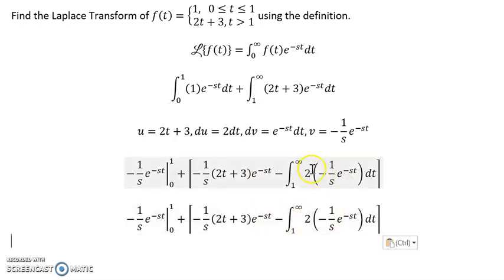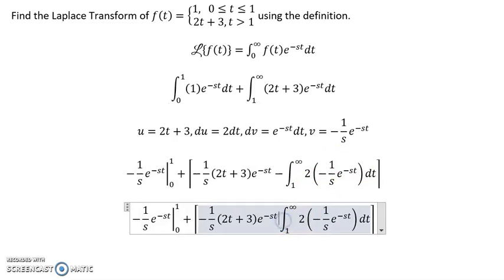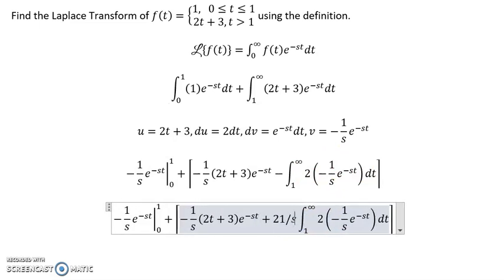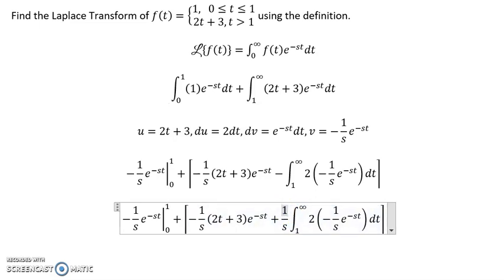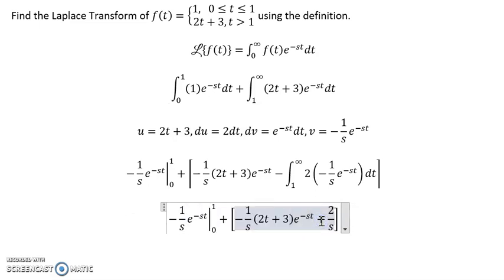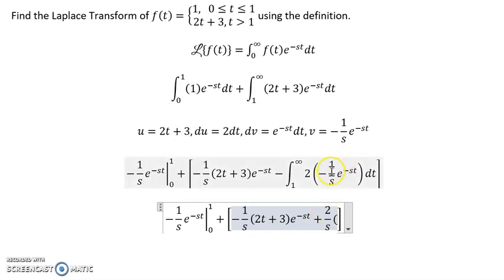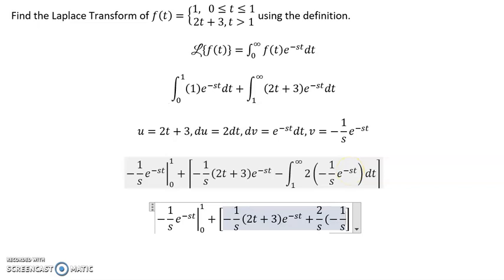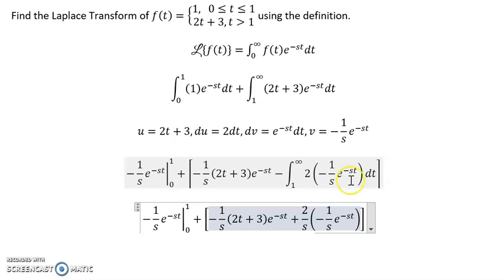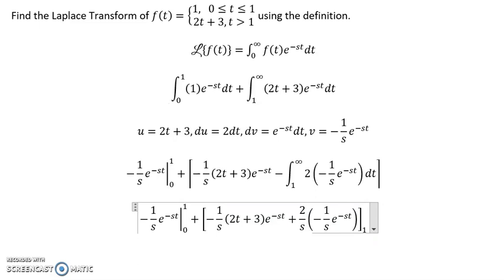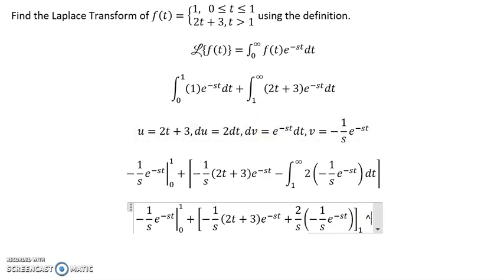And if we integrate this piece right here, then we're going to end up with just the antiderivative of e to the negative st again, which is 1 over s, as we've seen, e to the negative st. And then these two pieces are going to be evaluated between 1 and infinity.